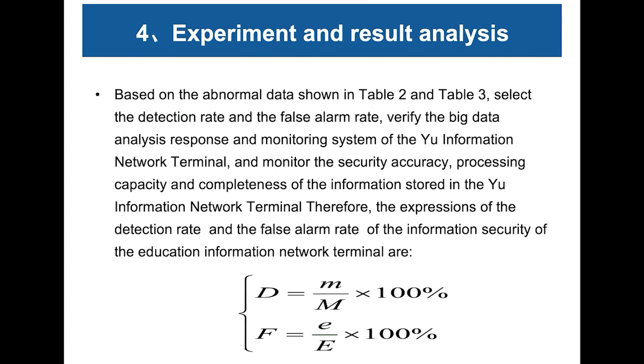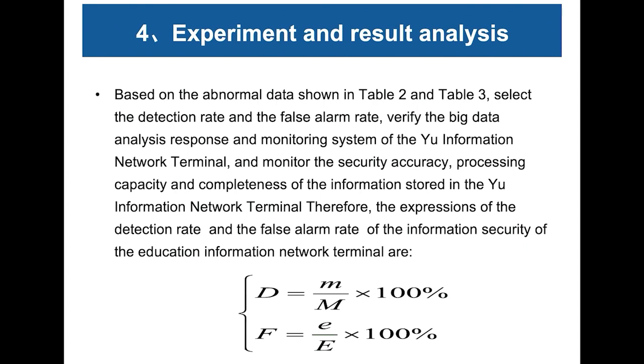Based on the abnormal data shown in Table 2 and Table 3, select the detection rate and the false alarm rate. Verify the big data analysis, response, and monitoring system of the Education Information Network Terminal, and monitor the security, accuracy, processing capacity, and completeness of the information stored in the Education Information Network Terminal.